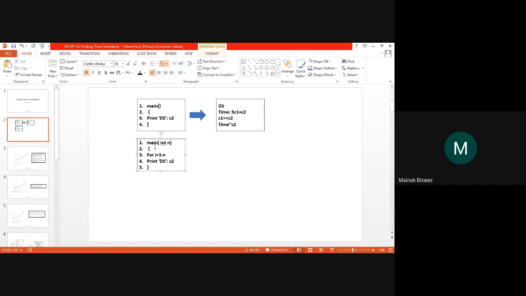The main function is taking input n. Now in this case, what happens?